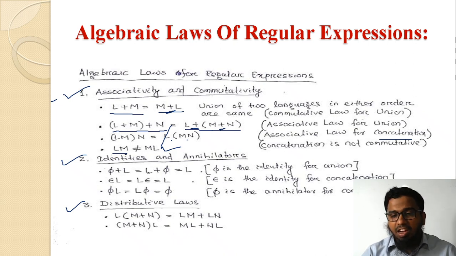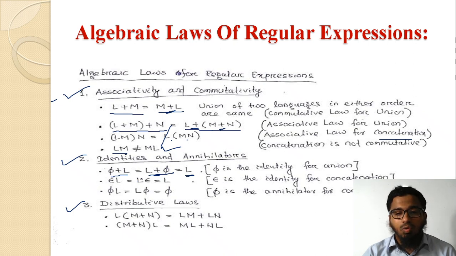Second one, identities and annihilators. Phi plus L is equal to L plus phi is L. Whenever we get this kind of equation, you will get L, and phi is the identity for union. This plus is nothing but union.